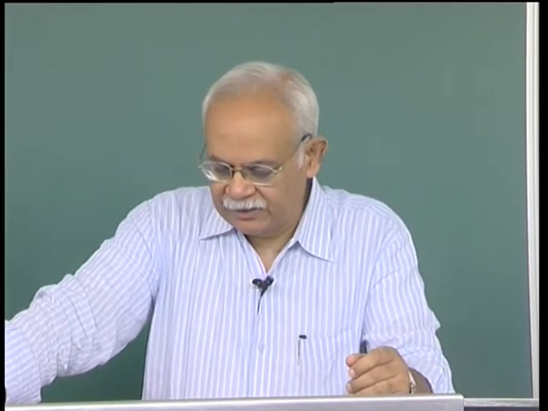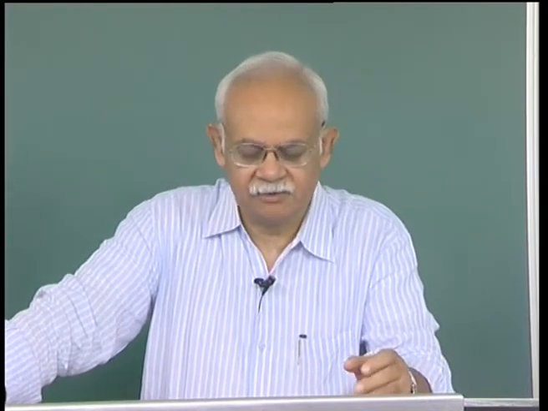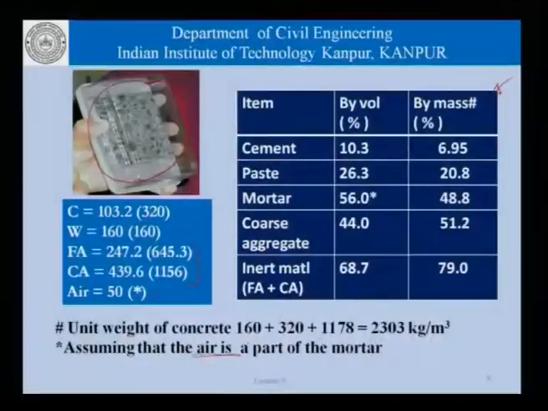Now, coming to coarse aggregate. Coarse aggregate, therefore, if mortar is 56%, by definition would only be 44%. I mean, if you look at the volume here, it is 439.6, which is approximately 44% of the total volume. So, what it effectively means is that in a normal concrete, and let me assure you that this is quite a normal concrete, coarse aggregate percentage is about 40 to 45, 50%.